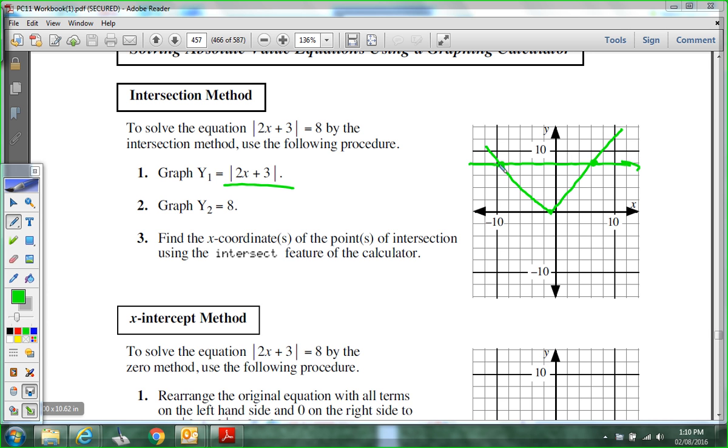To figure those out, you're going to use your calculator's intersect method. You hit second trace, intersect, and make sure the cursor is somewhere on this line or this line, it doesn't matter, and then go close to where they cross. You do the same process again on this side. When you do that, the calculator is going to kick out negative 11/2, which is negative 5.5, and then the other one is 5/2, which is 2.5.